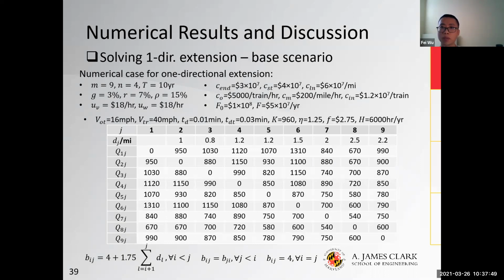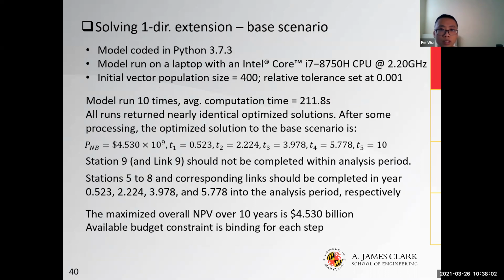Here we are showing the numerical results for the one direction extension. Here are the parameters we set for this problem, and here we show the computation time using the differential evolution for the one direction extension.